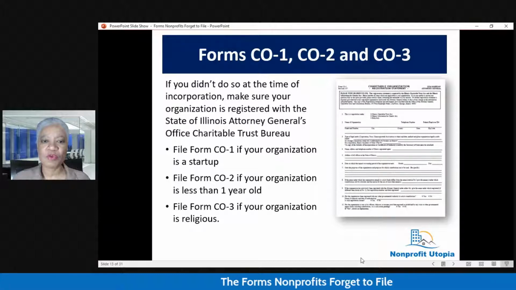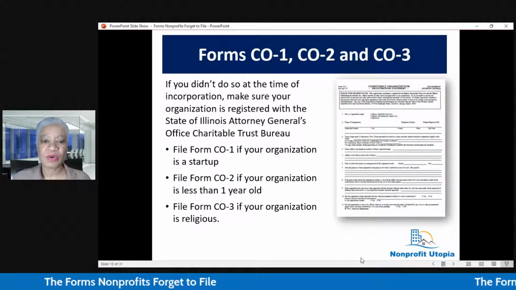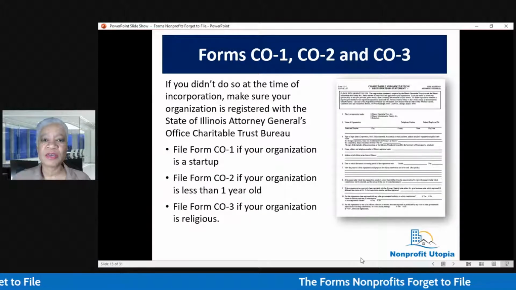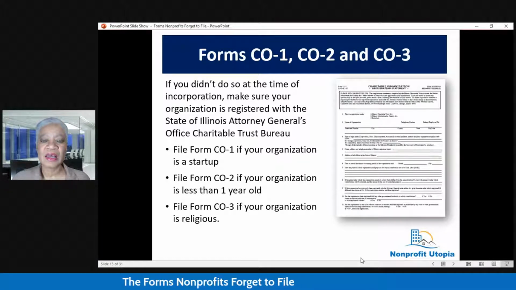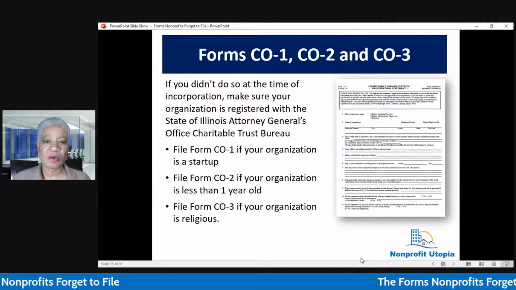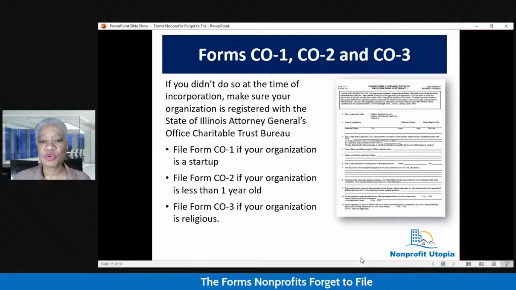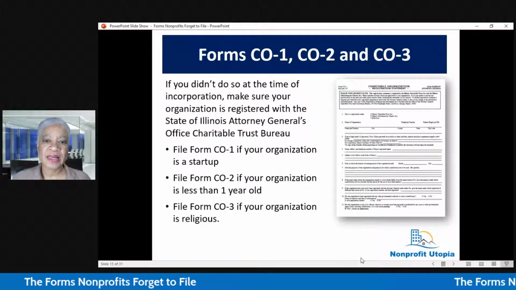So the forms may be called something different, but in the state of Illinois, those forms that people use to put the Attorney General's office on notice that they're doing fundraising are forms CO1, which is CO stands for Charitable Organization 1. You've got the CO2 and the CO3. So Form CO1 is for startup organizations.